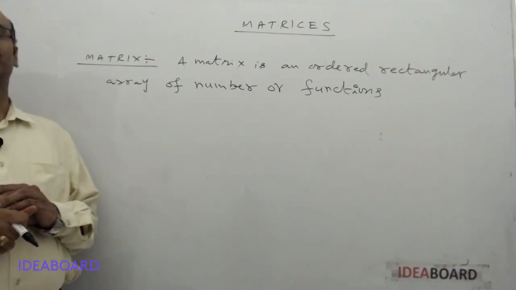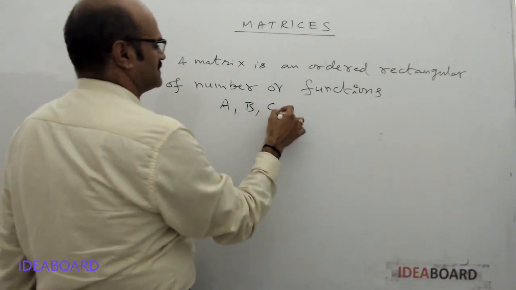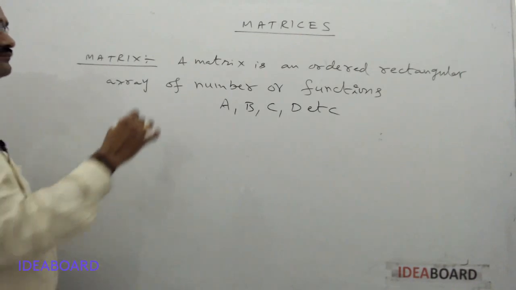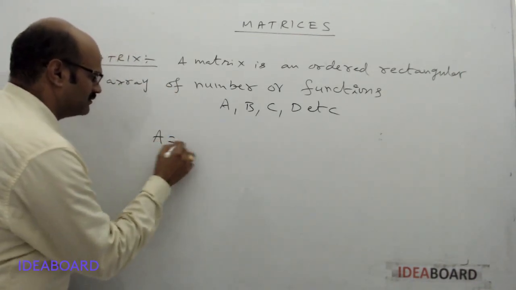Always matrices are denoted by capital letters A, B, C, D and so on. Here, let me take one matrix A here.